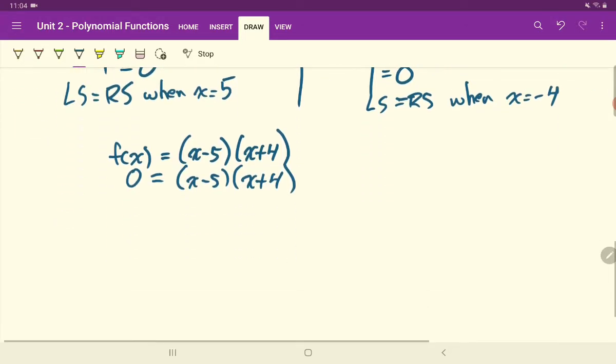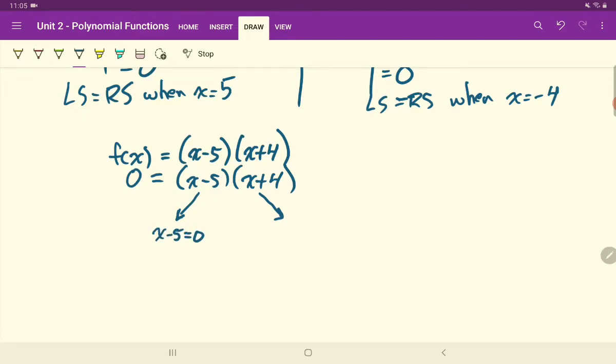And now all you need to accomplish here, I like to do this just with little arrows pointing in either direction, is set each bracket equal to 0 and then solve for that x value. And here's what I mean. So set this bracket of x minus 5 equal to 0, and then solve for x.